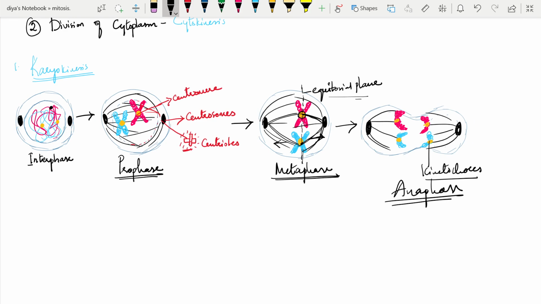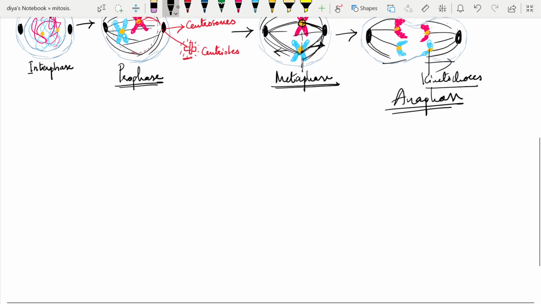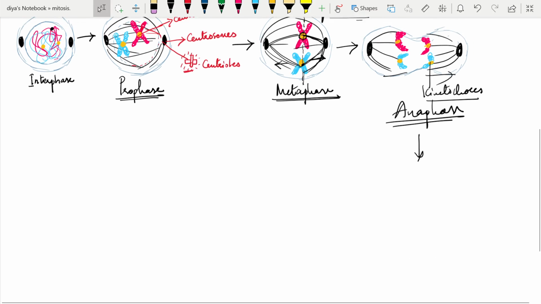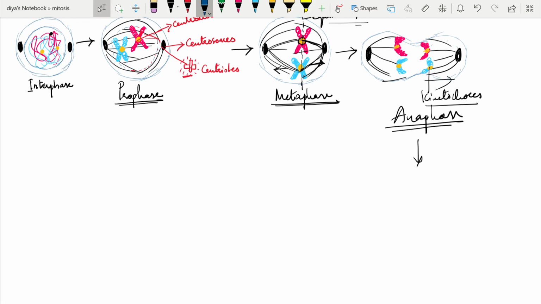Here the chromosomes move apart, and another phase is known as telophase. Here the two daughter nuclei are separated. Now they start forming the nuclear membrane. They have their own chromatin now.